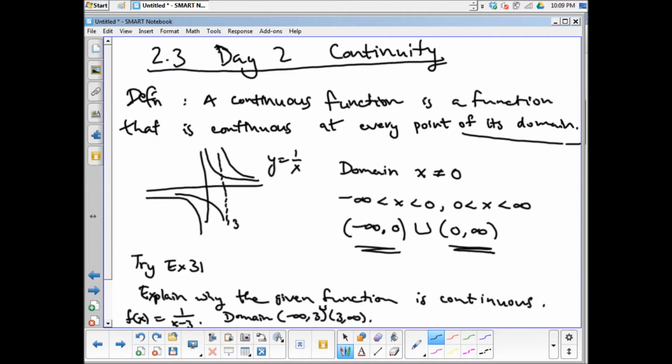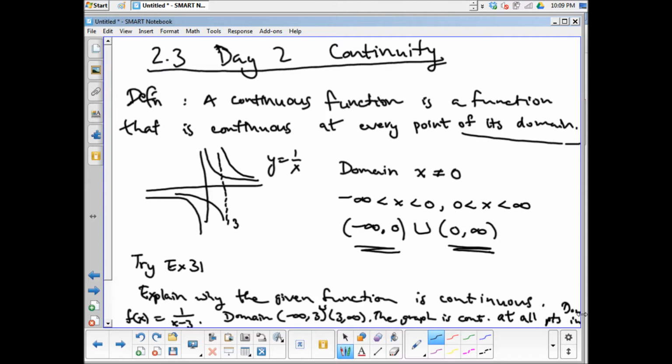Okay, so we could say the graph is continuous at every point of its domain. Kind of ran out of space there. You can just write in its domain.